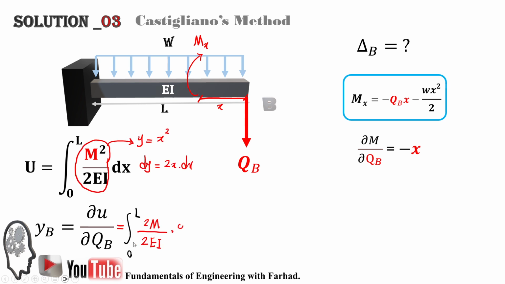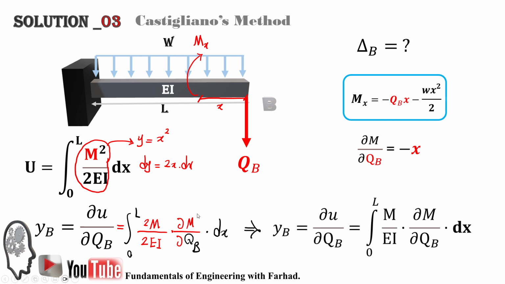Let's have a closer look. If we consider a function y equal to x squared, then dy is nothing but 2x times dx. Let's use the same rule for this part. The derivative of M squared over 2EI, based on M, is 2M over 2EI, then dM over dQ sub B, or partial M over partial Q sub B, then dx for the integration.